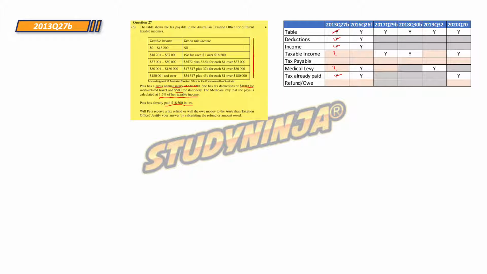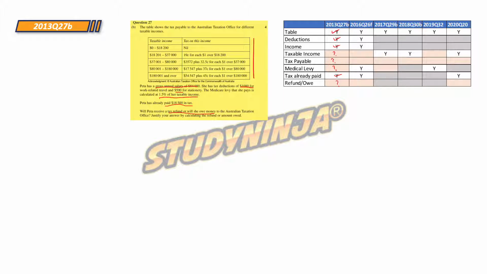What does the question really want from you? It's asking you how much is either a tax refund or the money she owes to the ATO. So really, eventually what it's asking you is this bit. But to work all of this out, if I move each step back, you need to work out what is the tax that she needs to pay.